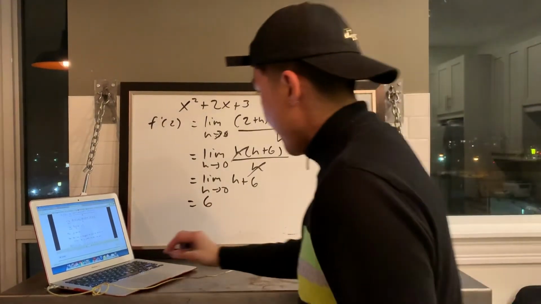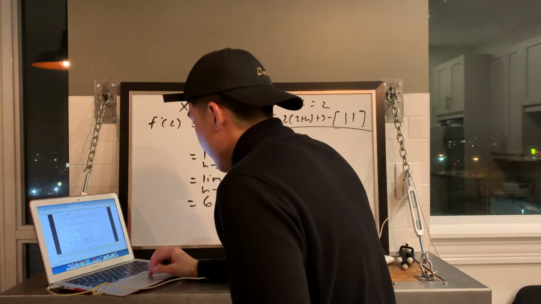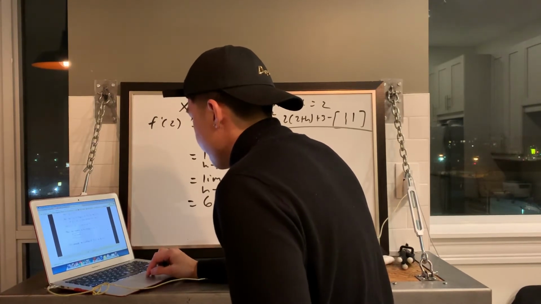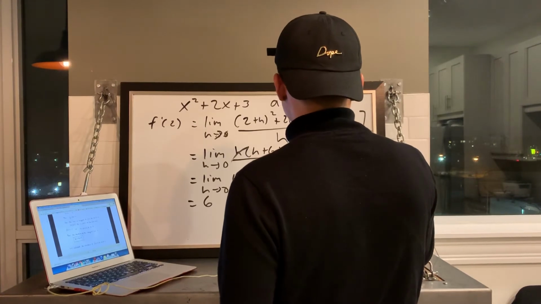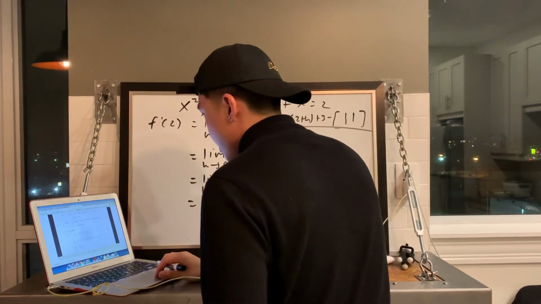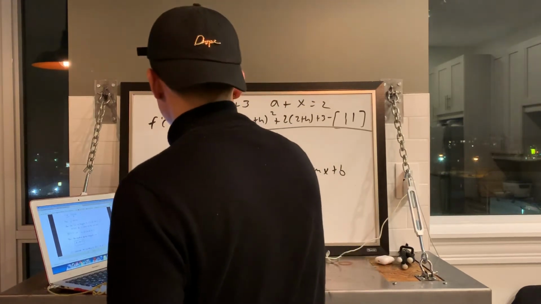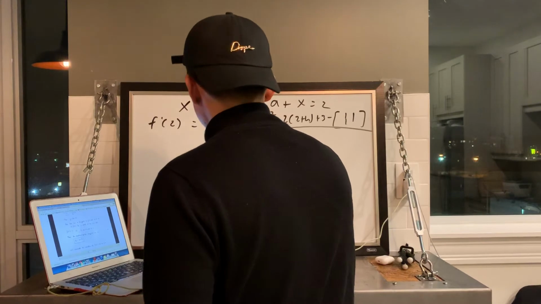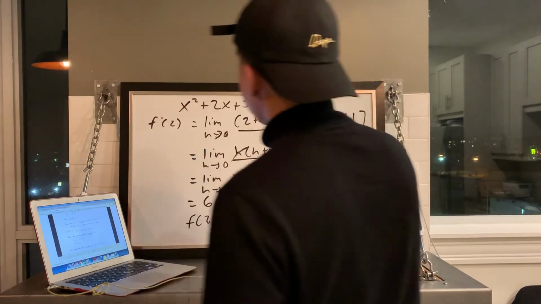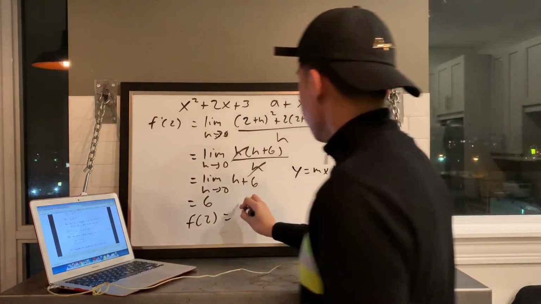So what would happen now is, now that I know that y equals mx plus b, and I don't know what the value of b is, but I can find f at 2, the function itself at 2, which would give me 2 squared plus 4 plus 3, that's 11, right?